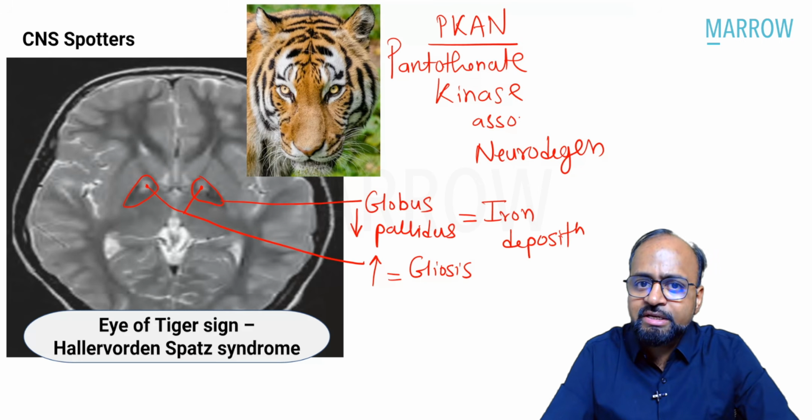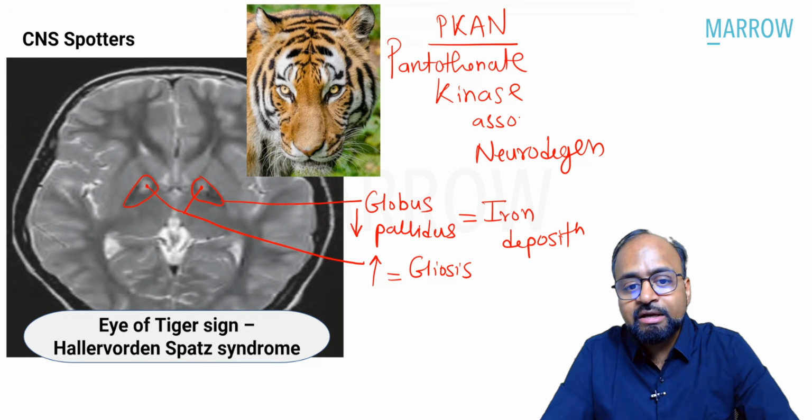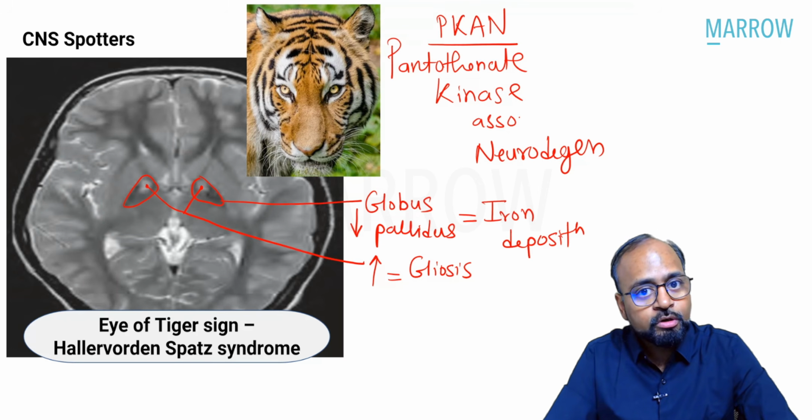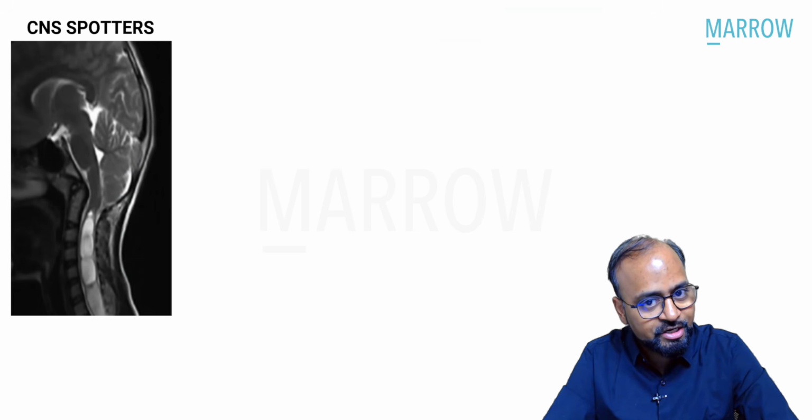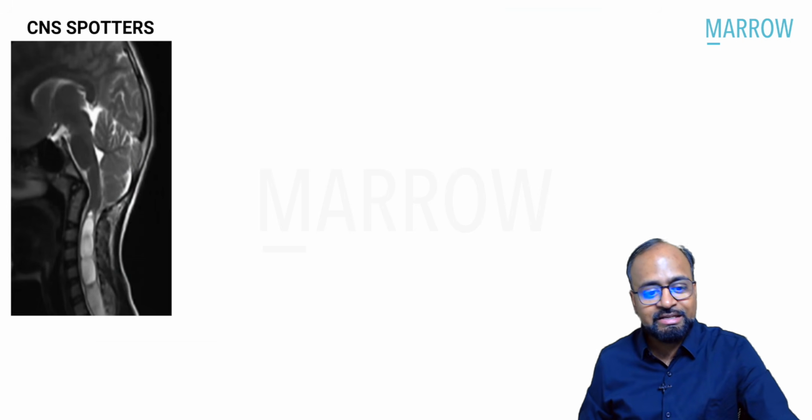These typical miscellaneous spotters involving the CNS are a very favorite topic, especially in INI-CET exams. Let us quickly go through a few more CNS spotters, miscellaneous conditions. So this was something which was asked a couple of years back in an INI-CET exam.